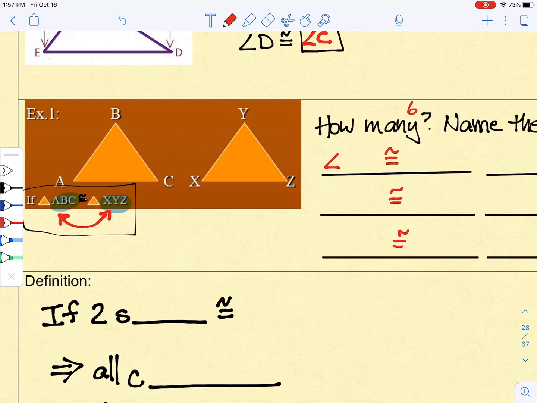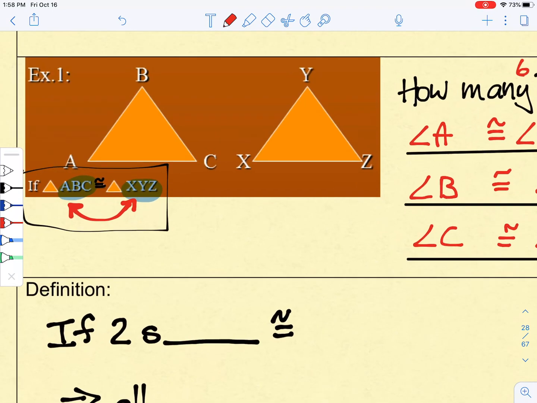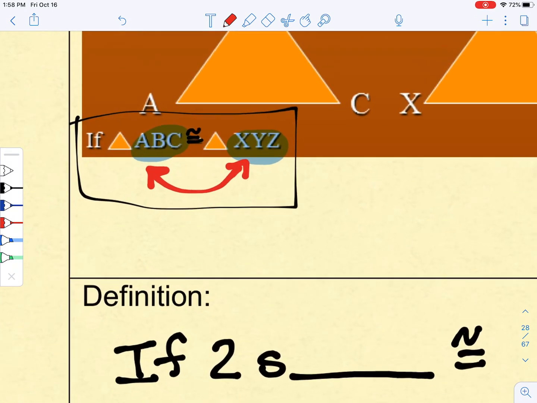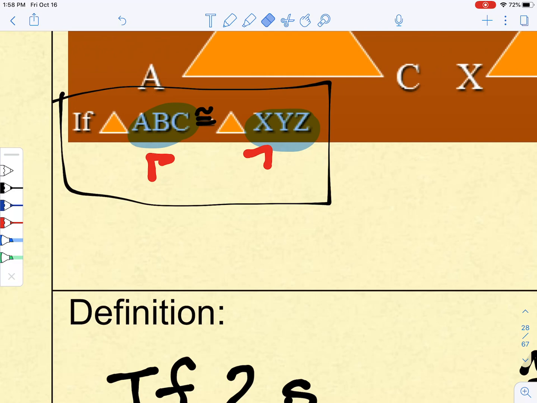So in this case, angle A corresponds with angle X. Angle B is corresponding to angle Y. And angle C is corresponding, and I should be saying congruent with each of these, angle Z. Notice how we can zoom into this without the diagrams and see those congruences because of the position they are listed in. And that is important.